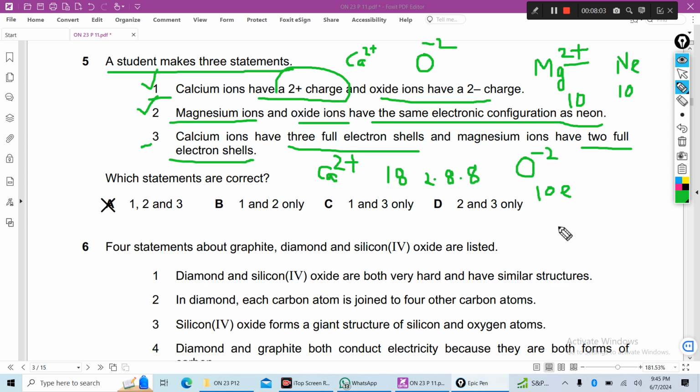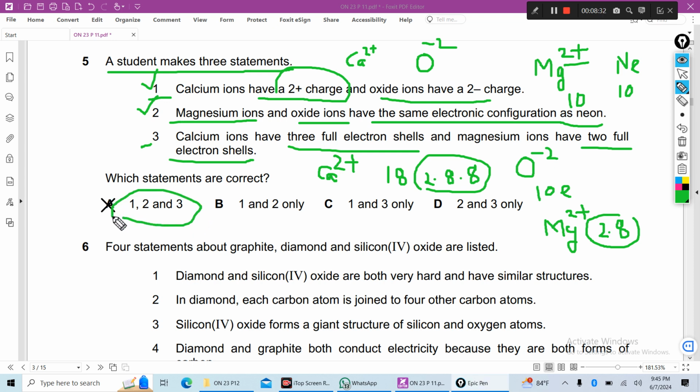Magnesium ion has 10 electrons, so 2 8 electronic configuration, 2 full shells. Calcium ion has 3 full electron shells, magnesium ion has 2 full electron shells. So which statements are correct? 1 2 3, all 3 are correct answers.